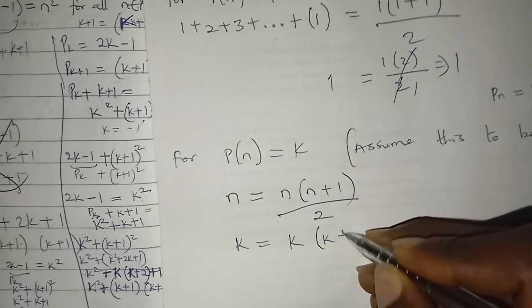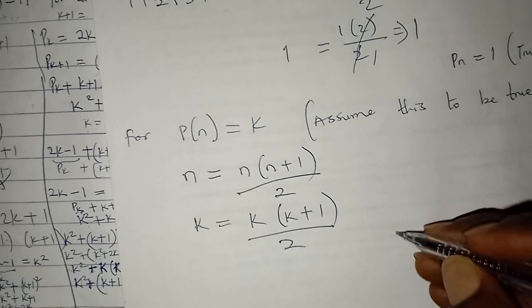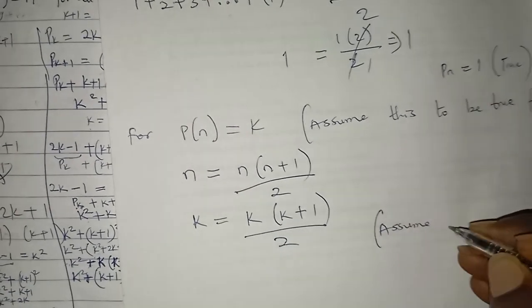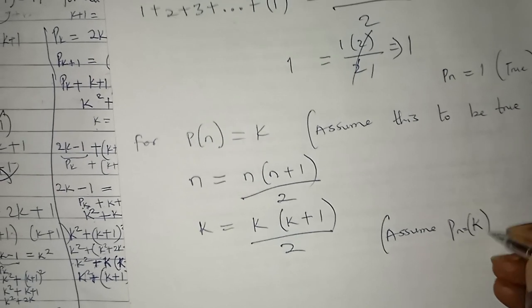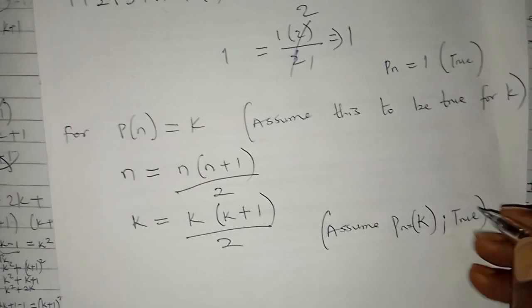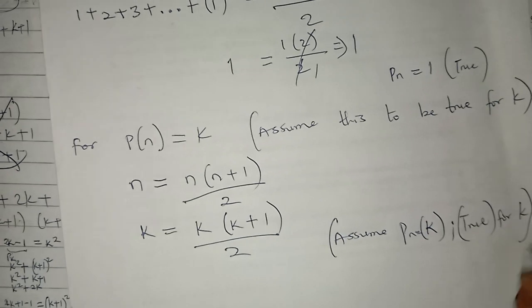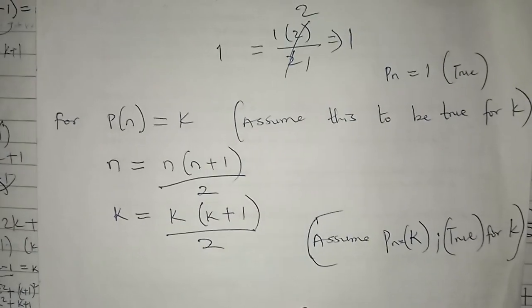So anywhere I see n now, I replace it with k all over 2. So I just assume it to be true. So assume P of n equals k, and that is true for k.